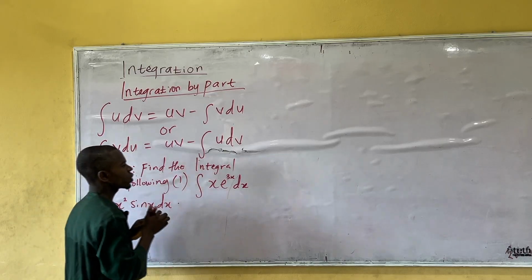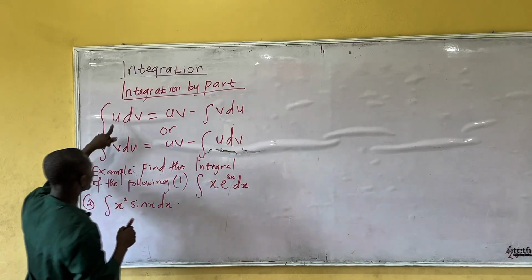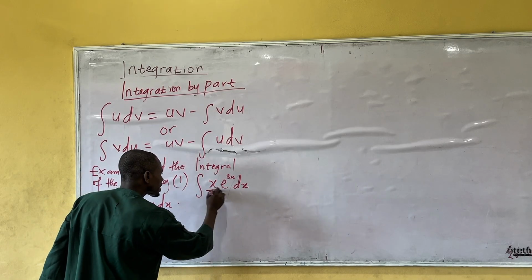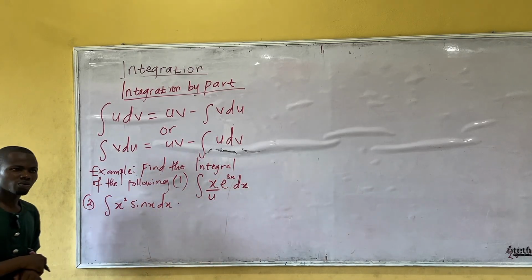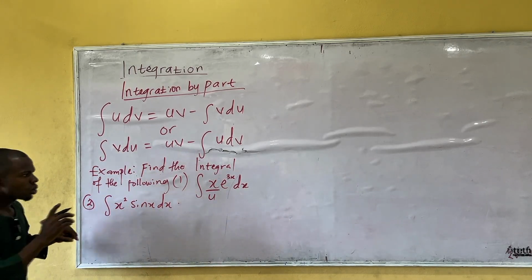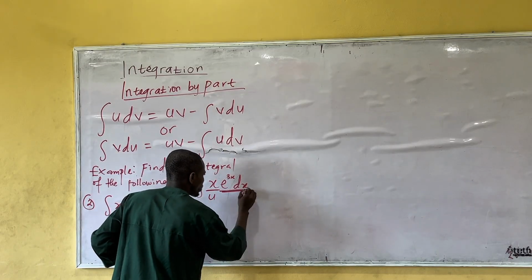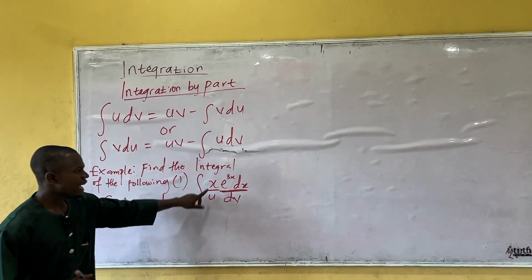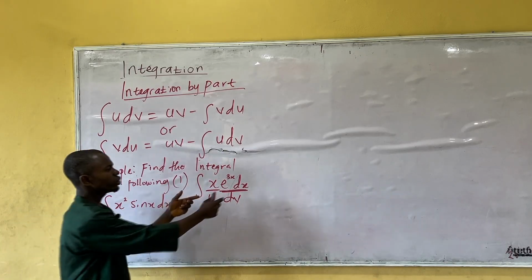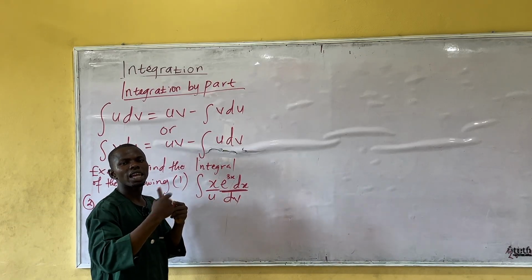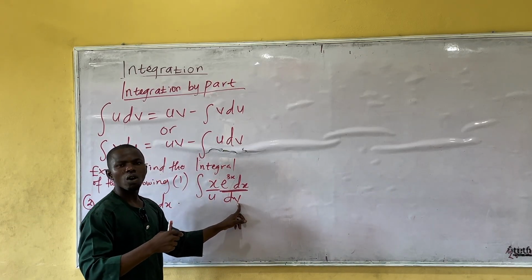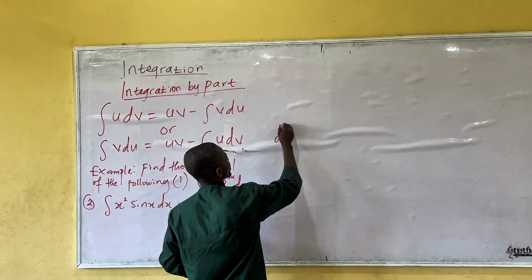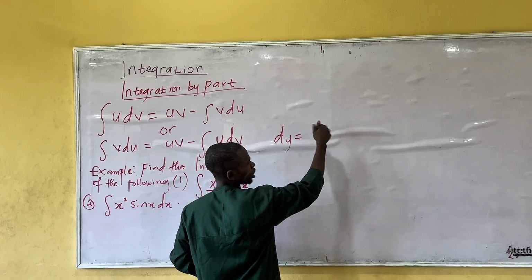So please note, there is a way I can compare. The ordinary x is u, while the one with the exponential of x is the v. Why the one with the dx? Because for every dx there must be a dv. For example, if you write y, it must be something with dx.